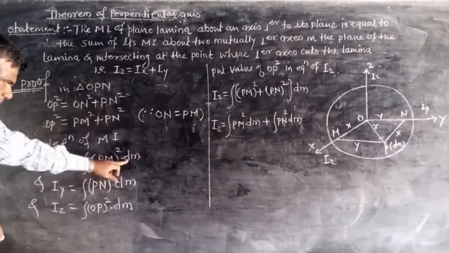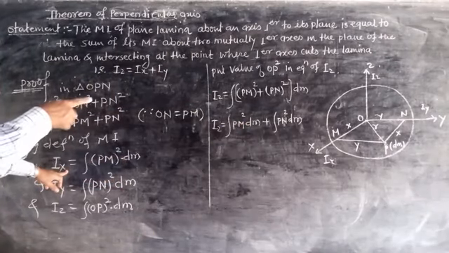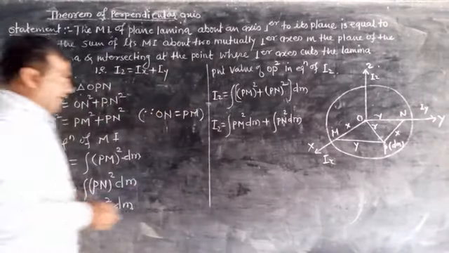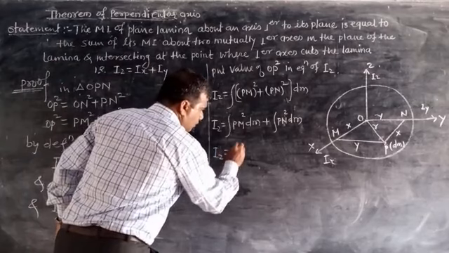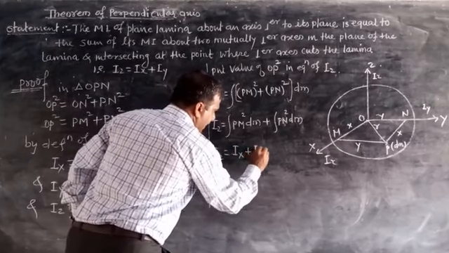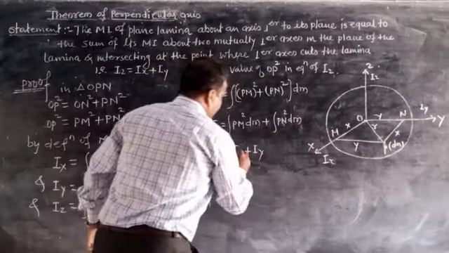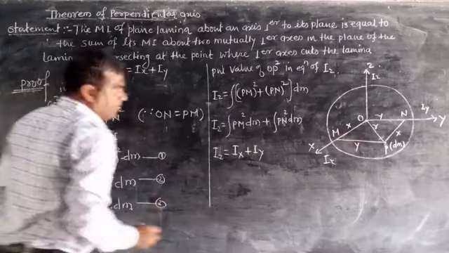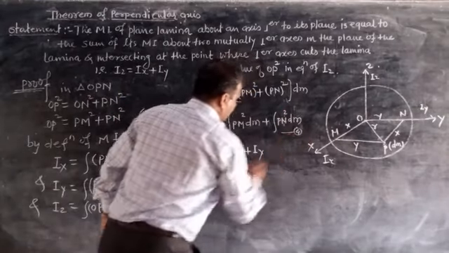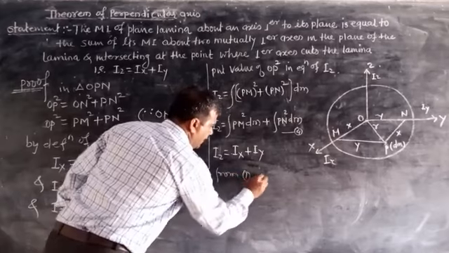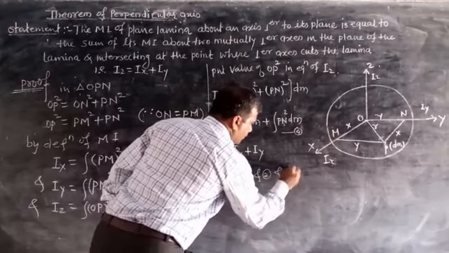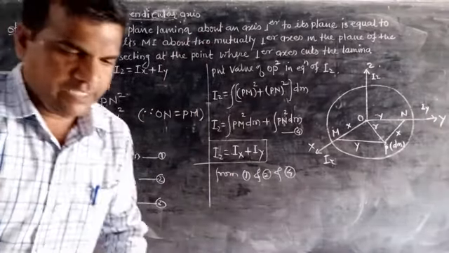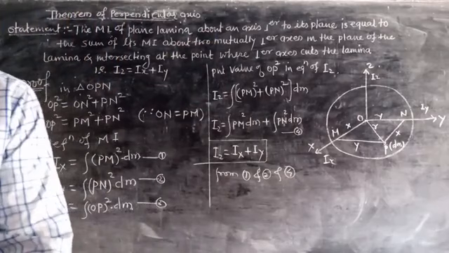This PM square dm is nothing but Ix, and this PN square dm is equal to Iy. So Iz is equal to Ix plus Iy. Suppose we number the equations 1, 2, 3, and this becomes 4. So from 1, 2 and 4, Iz is equal to Ix plus Iy, and this is nothing but the theorem of perpendicular axis.